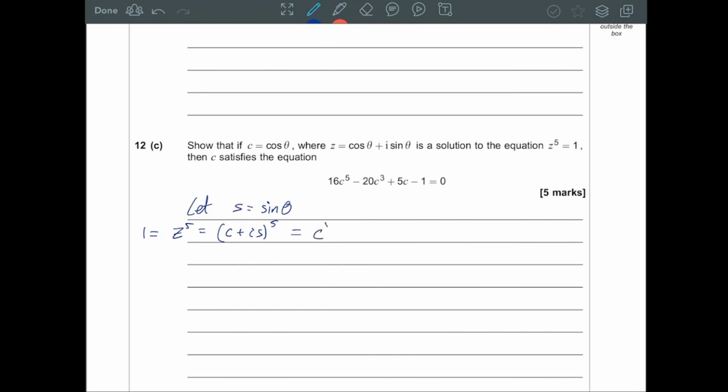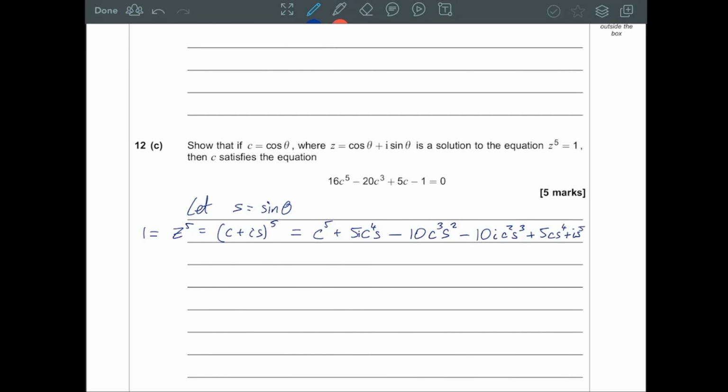So it's going to be C to the 5, bringing up my knowledge of Pascal's triangle, plus 5C^4 iS. Next term is going to be a negative because I've got an i squared, 10C^3 S squared, minus 10i C squared S cubed, times by i again makes it back to being positive, 5CS^4, plus iS^5.